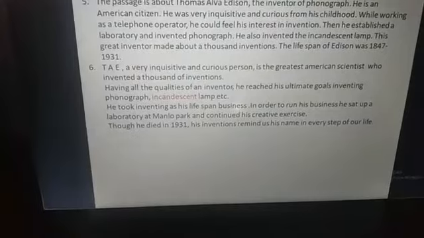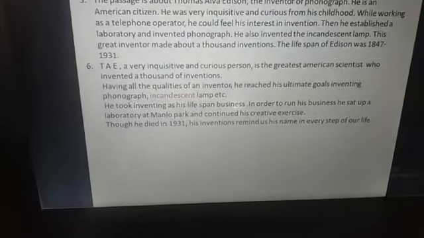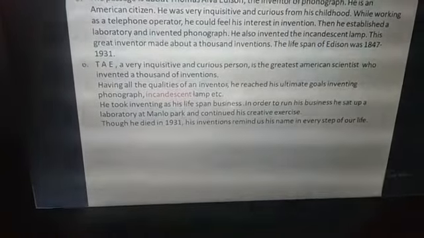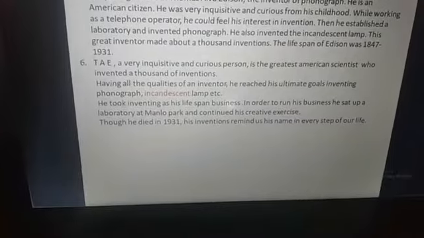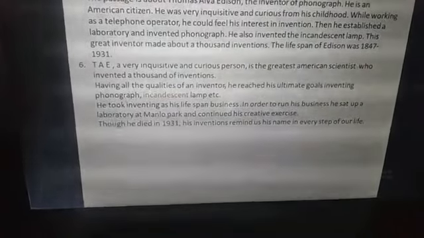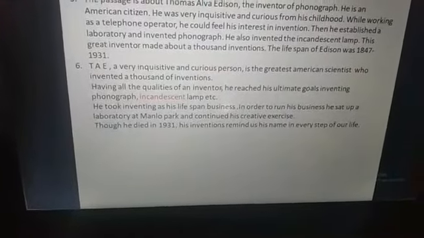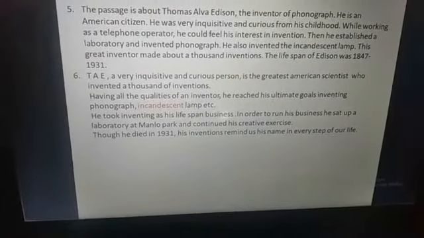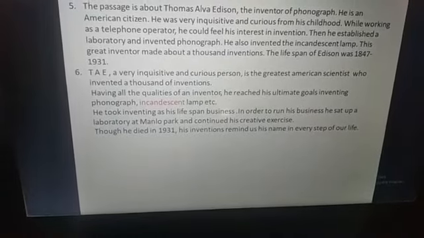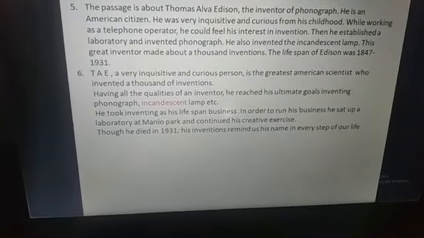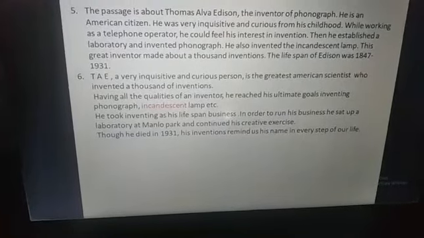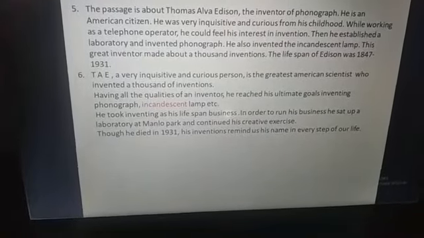Here I have used a compliment, a very inquisitive and curious person. You can also write, he is the greatest American scientist who invented 1,000 inventions. This line shows the clear definition of Thomas Alva Edison, and seeing the first line, we can understand what the passage is about. You also try to write in such a way.